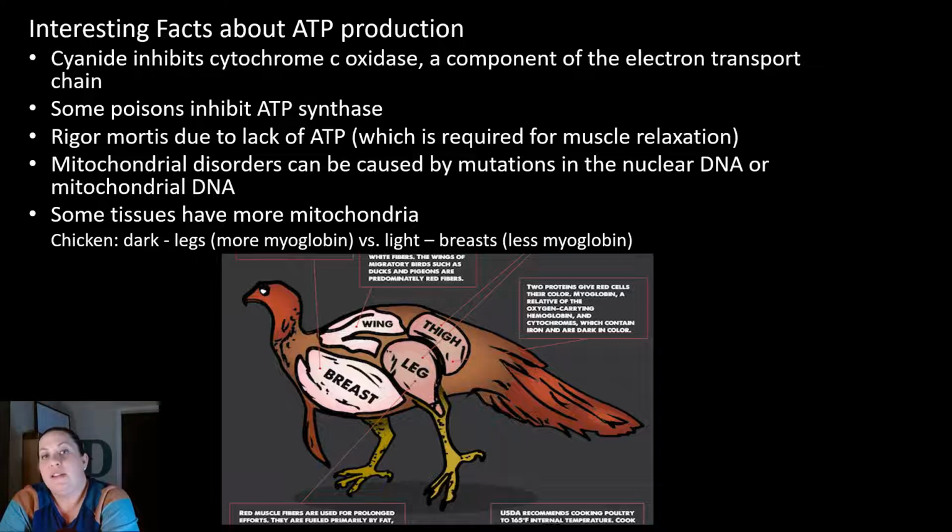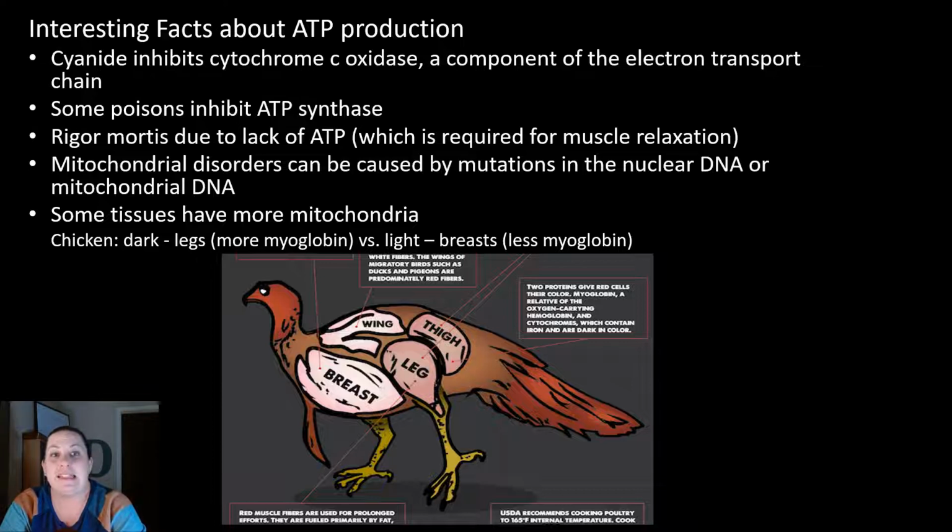Mitochondrial disorders can also be caused by mutations in nuclear DNA, or they can be due to mutations in the mitochondrial DNA, because remember, the mitochondria has its own DNA. Another interesting fact is some tissues have more mitochondria than others. This is what gives you the difference between light meat and dark meat in chickens.